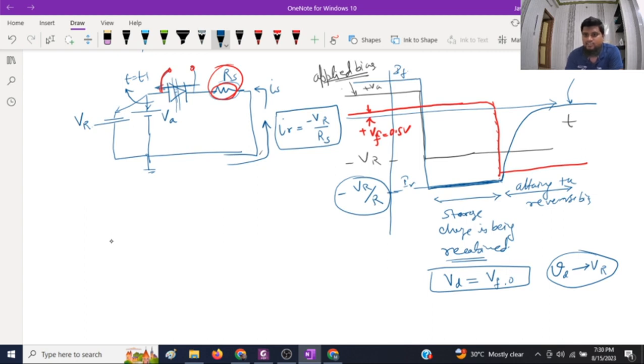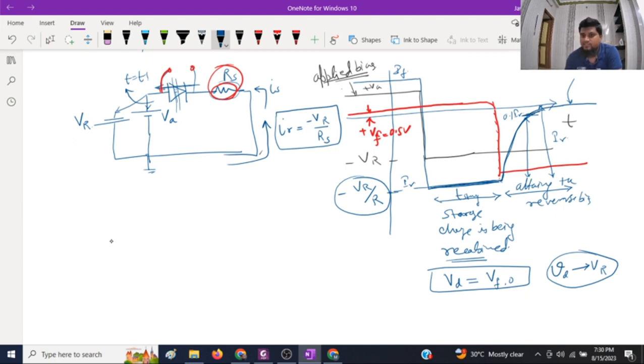This time is called the storage time, T storage, and the total time when this current rises to 90% of the final current, or you can say that if the whole current was IR, then to reach up to 0.1 IR, that is your recovery time.